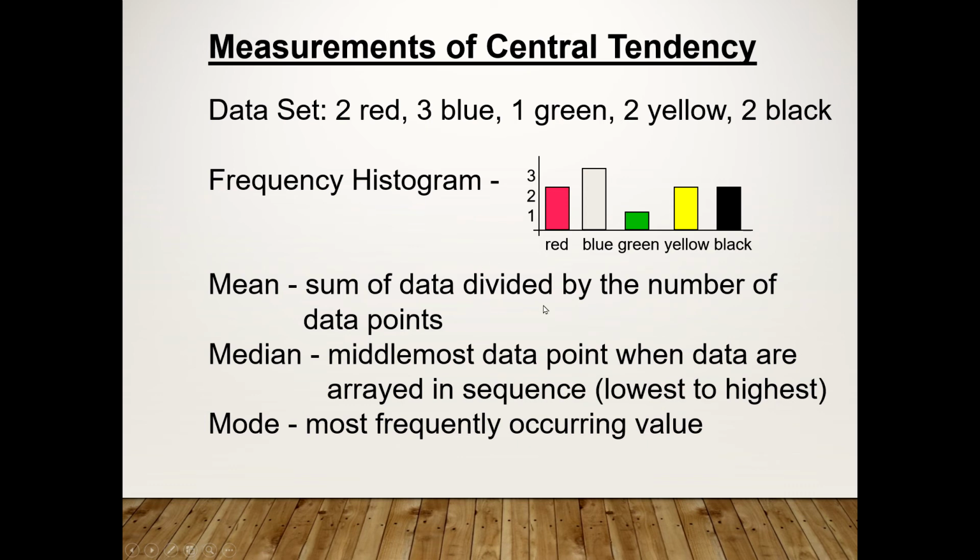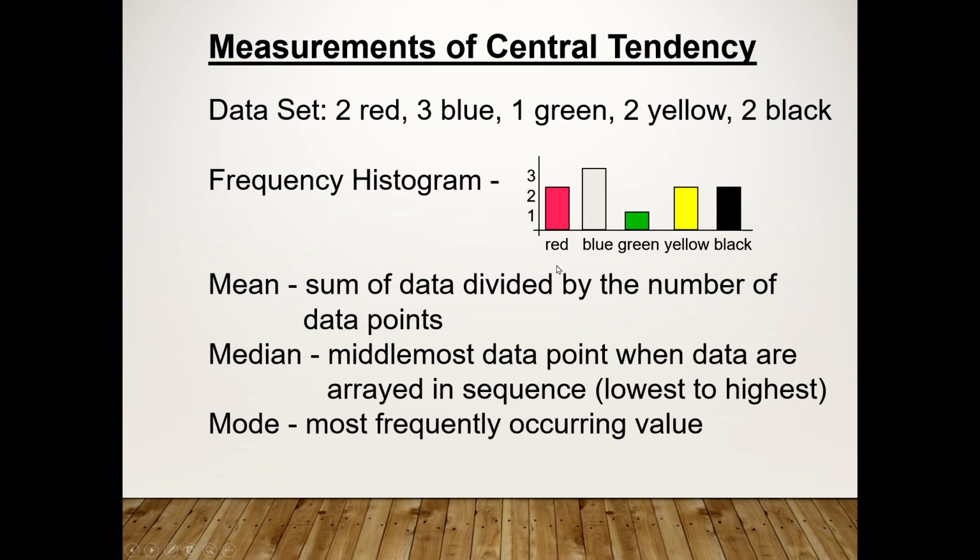Now, measures of central tendency. Let's take a sample data set wherein we have 2 red apples, 3 blue oranges, just for the scenario and an assumption, 1 green ginger, and 2 yellow and 2 black.